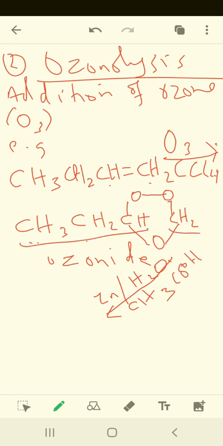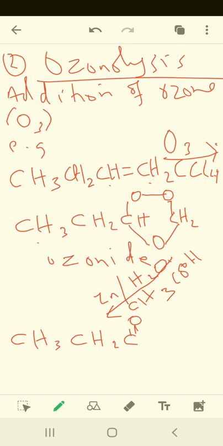So the first one is CH3, CH2, then C, a carbonyl compound where the oxygen is attached directly to the carbon.